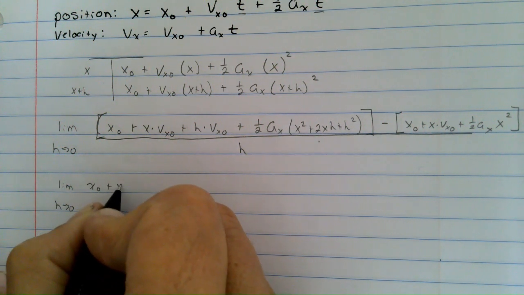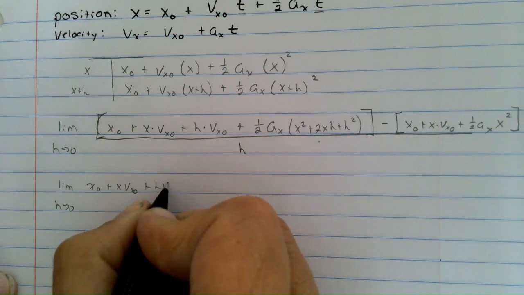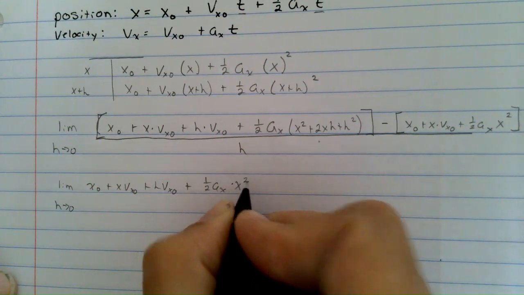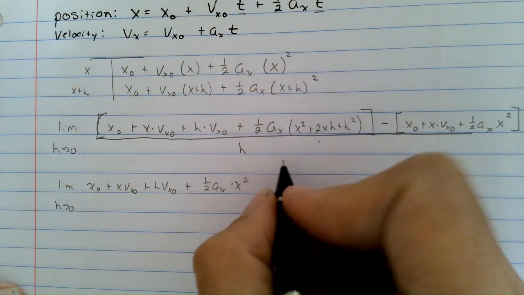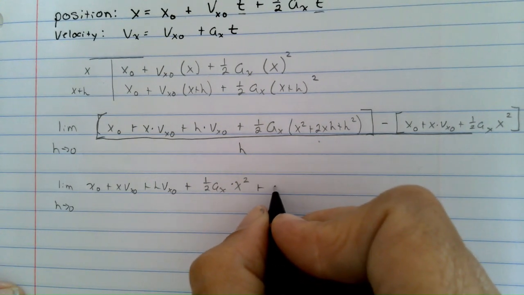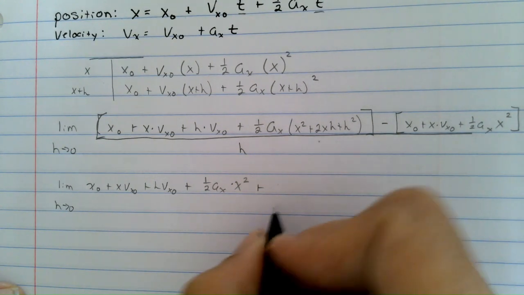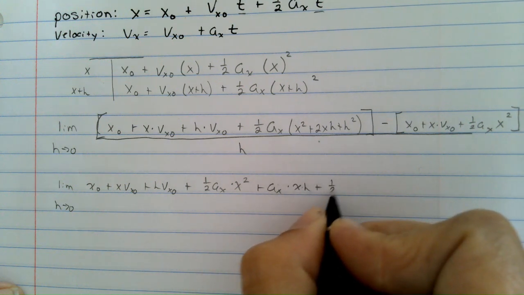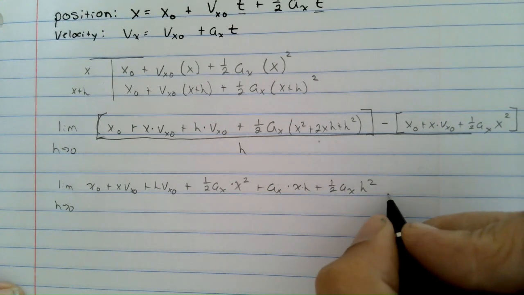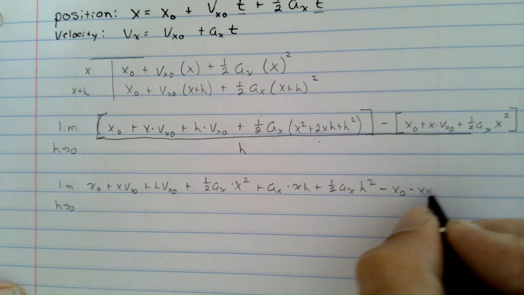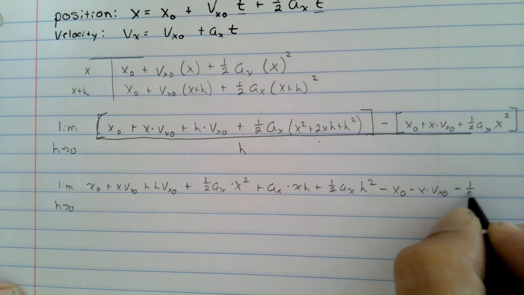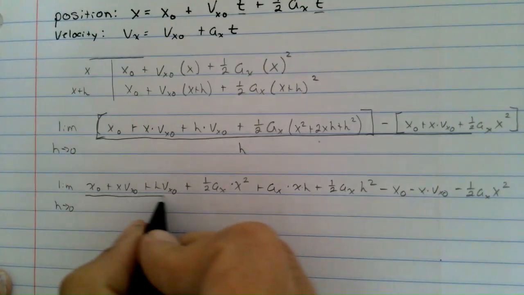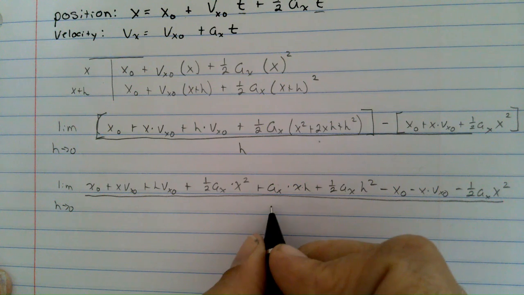x sub 0 plus x v sub x 0 plus h v sub x 0 plus 1/2 a sub x times x squared plus 1/2 times that is 1, so we'd have a sub x times h plus 1/2 a sub x h squared minus x sub 0 minus x times v sub x 0 minus 1/2 a sub x x squared, all over h.